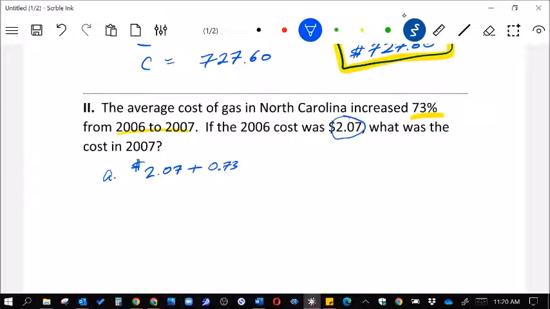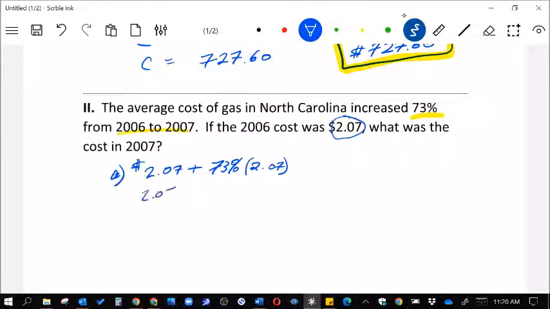If it's going to go up, that means we're adding, and we're going to add 73%. So it's $2.07 plus 73% of what? You have to multiply that by something. So it's 73% of that 2.07.